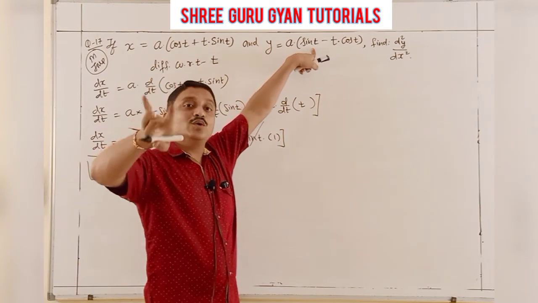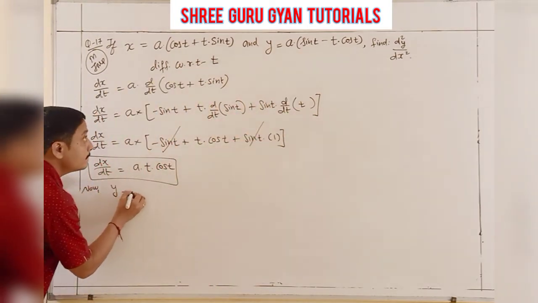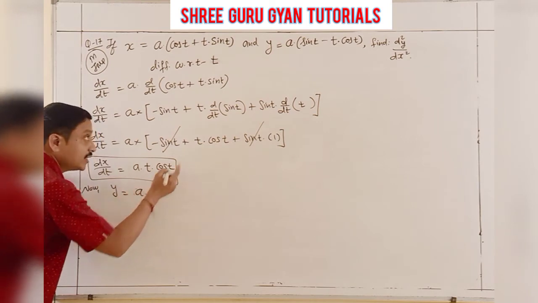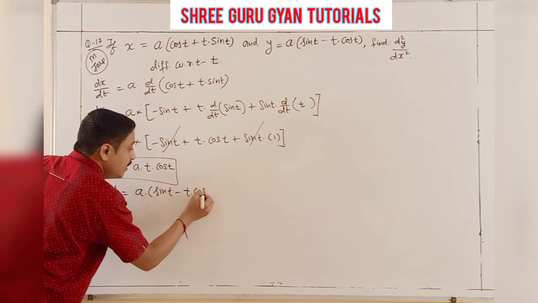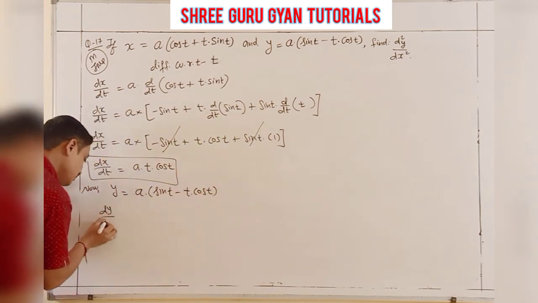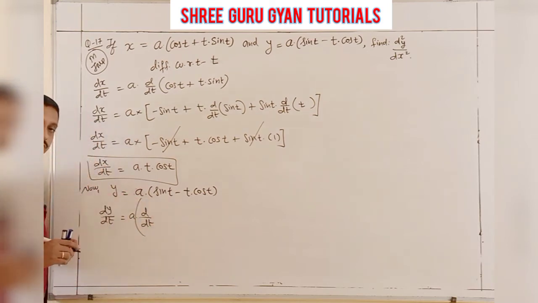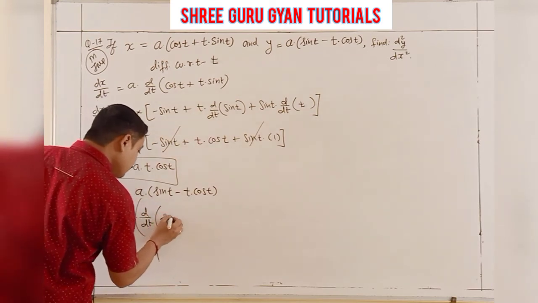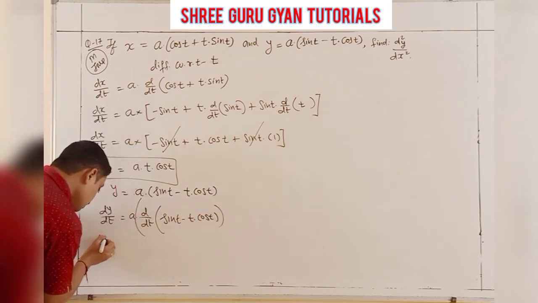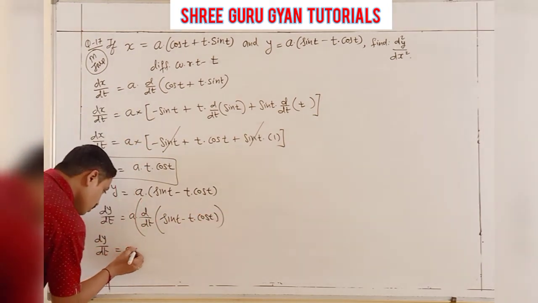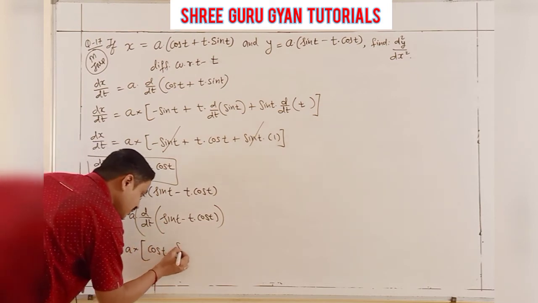Now I am moving ahead to y. So what is y? a into (sin t minus t cos t), and start the derivative with respect to t: d by dt of sin t minus t cos t. So finally you get here sin t derivative cos t minus.